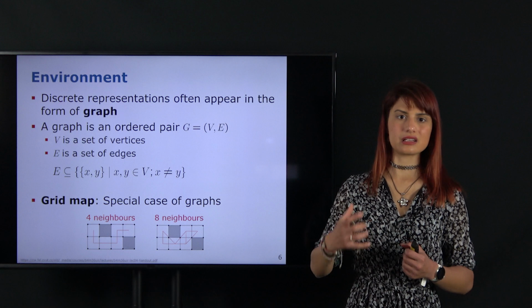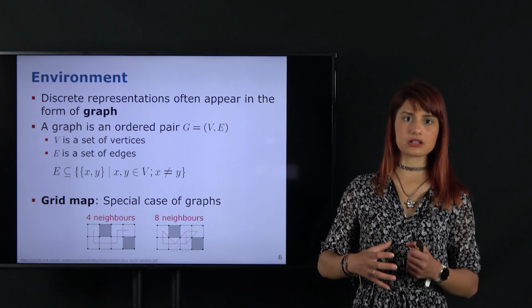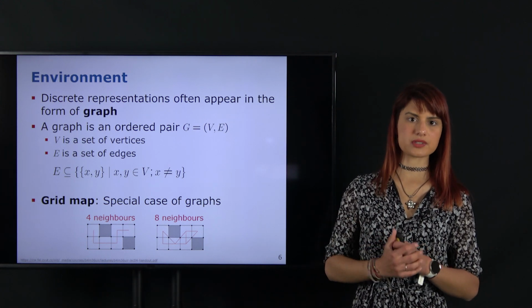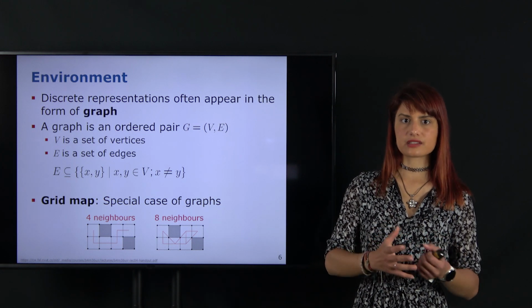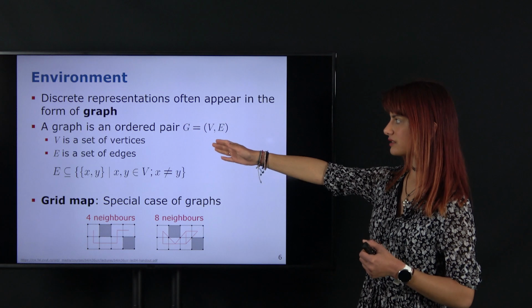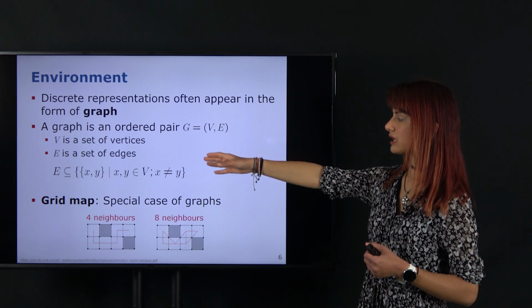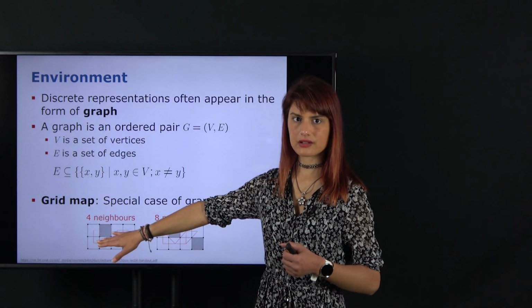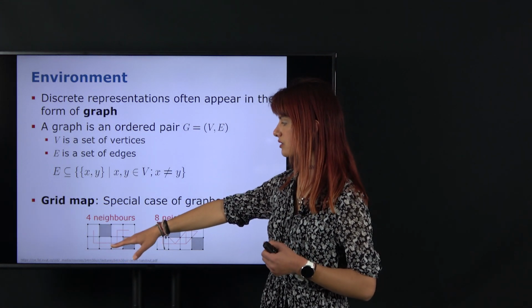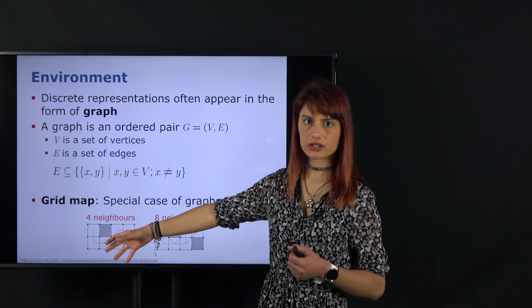And we can say that each cell is either containing an obstacle or obstacle-free. So in this case, the cells would correspond to vertices. And to get the edges, we can simply look at the adjacencies between the cells, so how the robot can travel from one cell or one configuration to another.